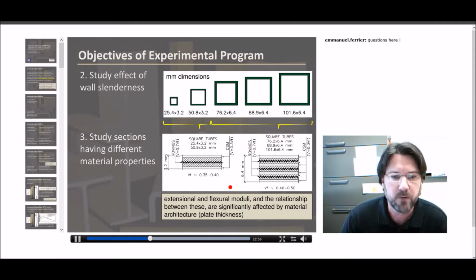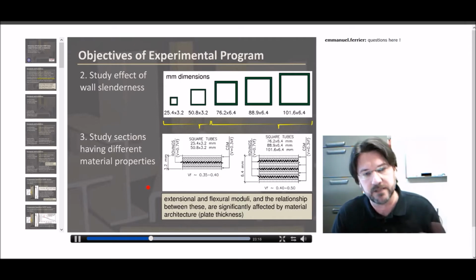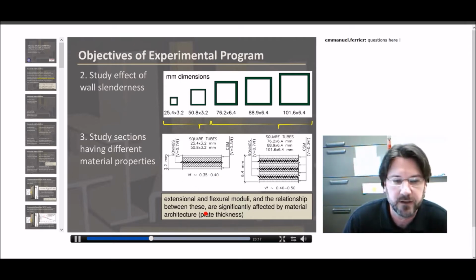And more importantly, the relationship between these two moduli is very important when we talk about this buckling interaction. And very clearly, while EA may be very similar in these two, EI is very, very different. And so that relationship is different. And that is going to be critical and is going to be a function of the protrusion itself and the architecture.